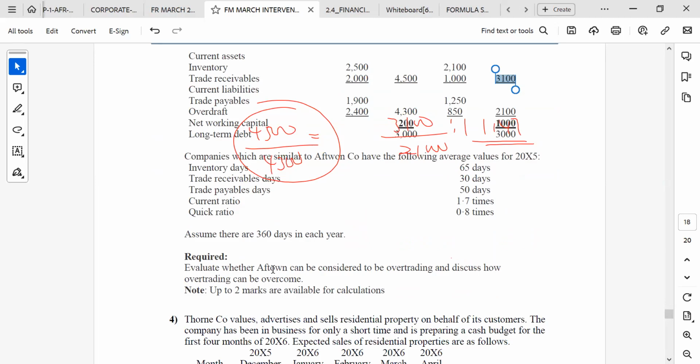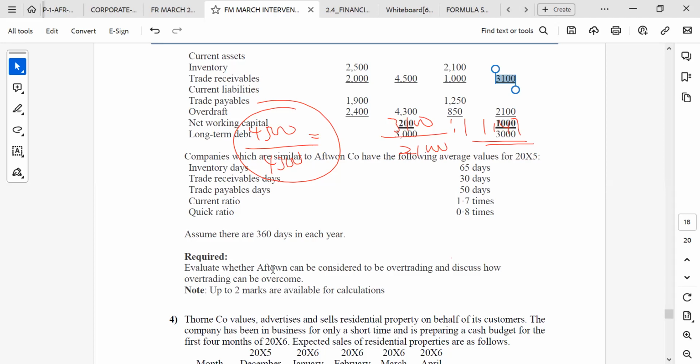The revenue is experiencing a 43% increase, but a zero increase in the long-term capital. This means that the revenue is increasing in a higher proportion than the long-term capital. The increase in the revenue should be as a result of the increase in the long-term capital. So that is a sign that the company is overtrading.